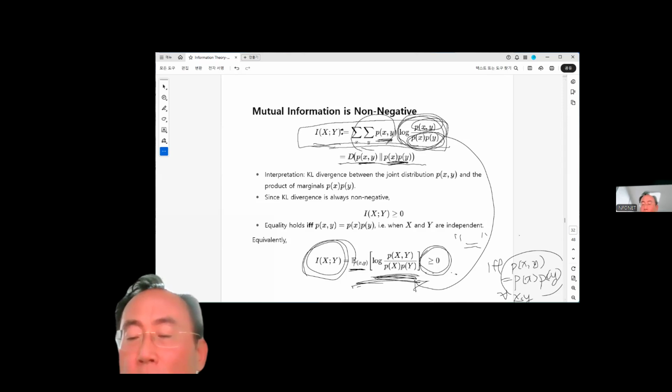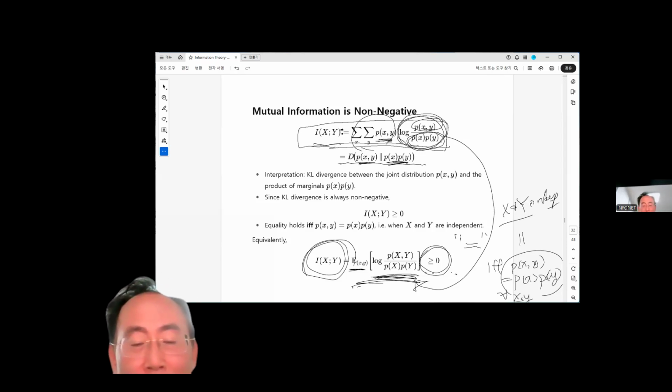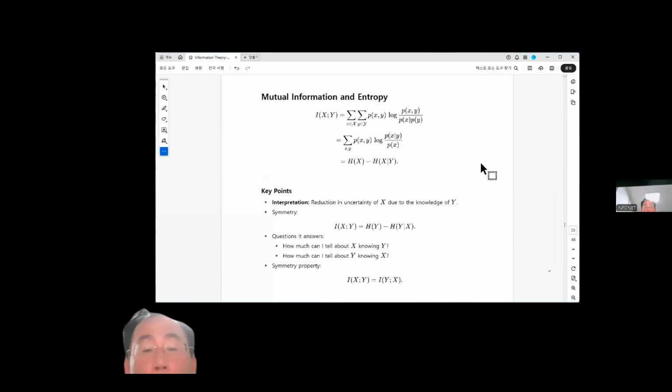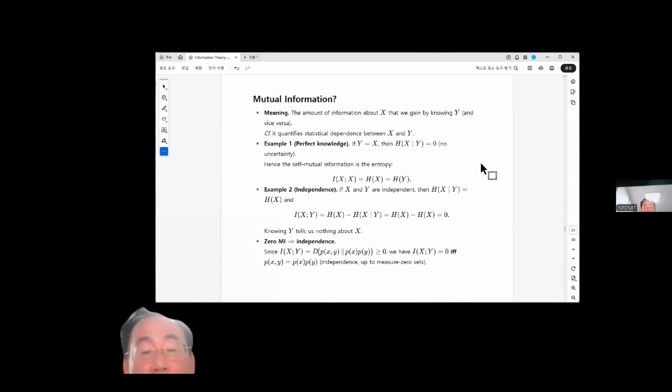In another language, x and y are independent. So if x and y are independent, mutual information is equal to 0. If x and y are not independent, then this measure is greater than 0. That is the message that we get.